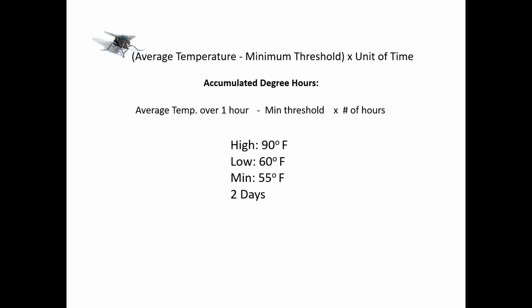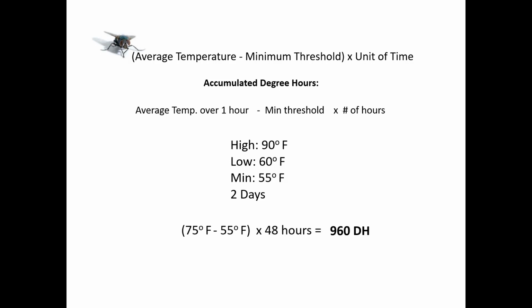So let's say we have these exact same numbers again, right? We've got a high of 90 and a low of 60. Let's say this happened every single hour for 2 days. Minimum threshold is 55. So again, our average temperature over the hour is 75 degrees Fahrenheit minus 55 degrees for our threshold times 48 hours.